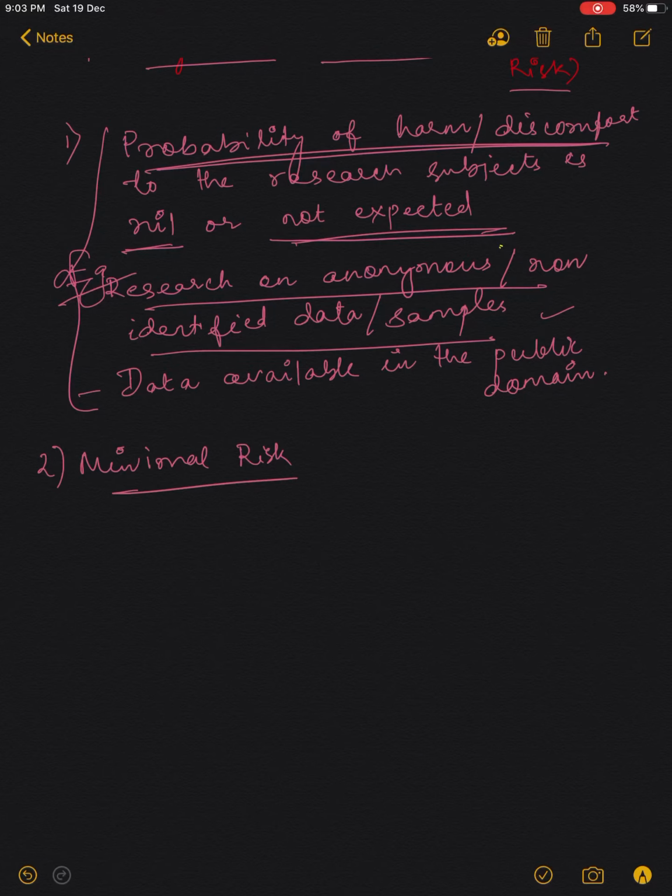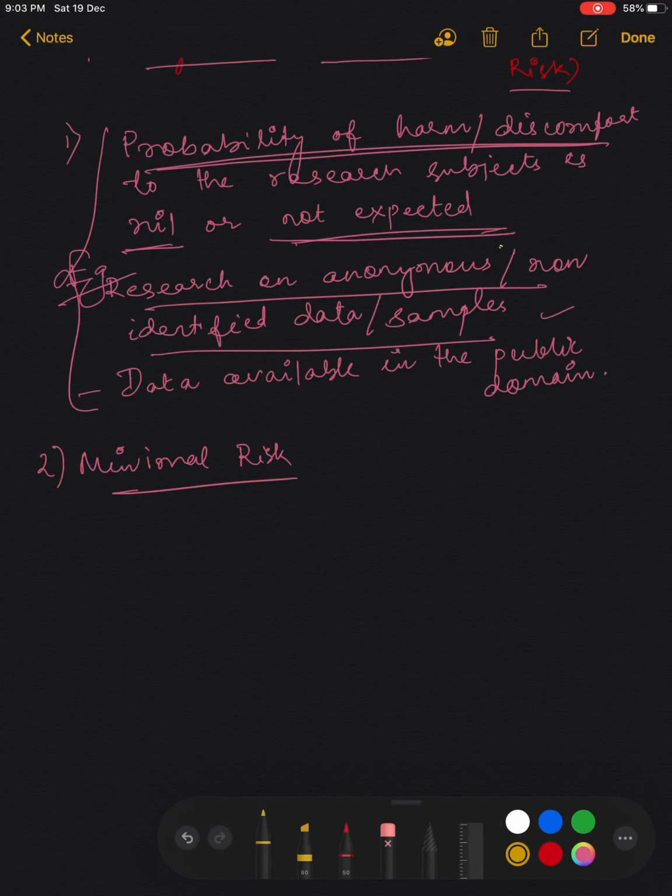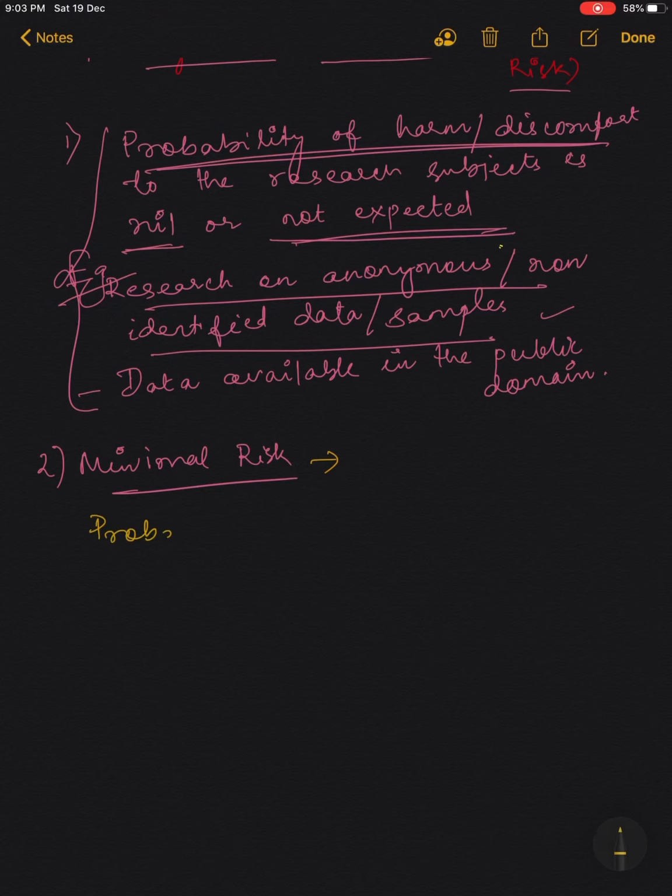In the minimal risk, the probability of the harm or discomfort in this case is not greater than that encountered in the routine daily life activities.